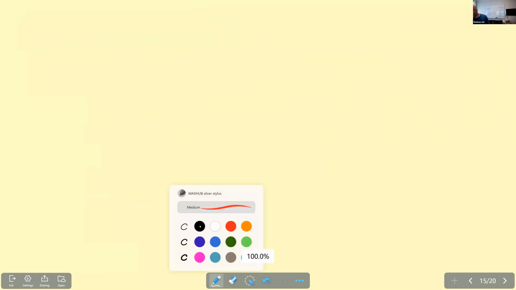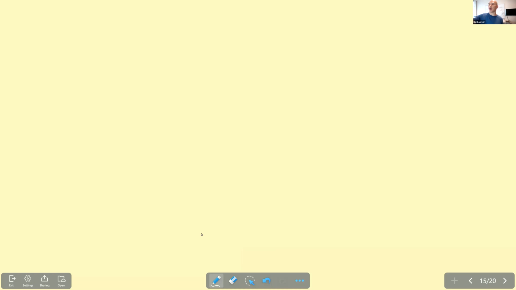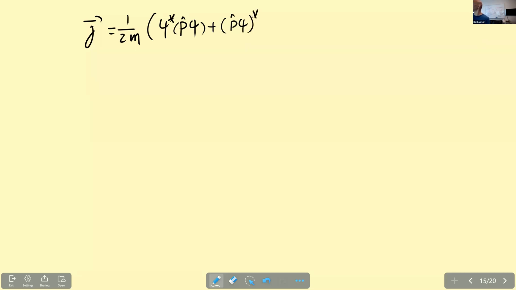Okay, so basically, you obtain a quite nice derivation of this current operator. So you got a J defined as 1/2m, psi complex conjugate times this one, and then plus... Or in other words, you can say that this is just taking the real part of this one, right?